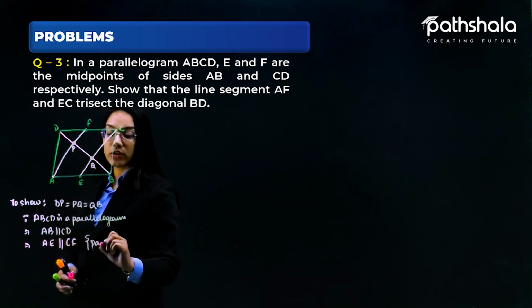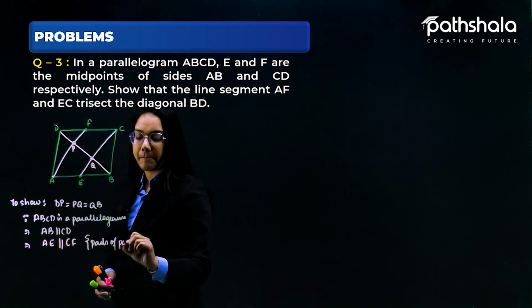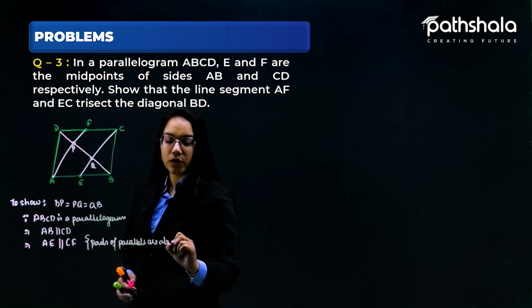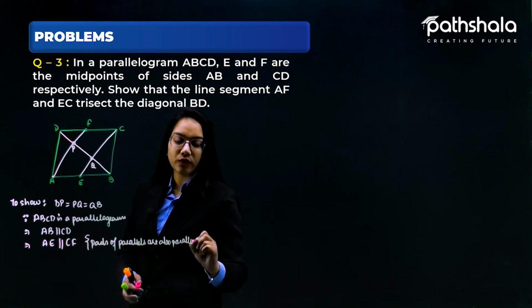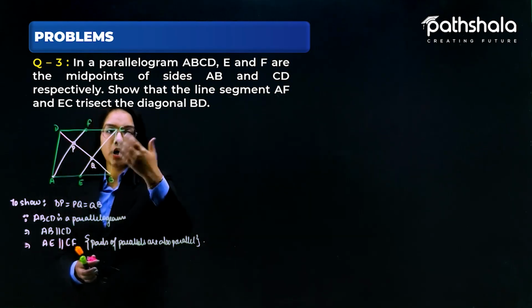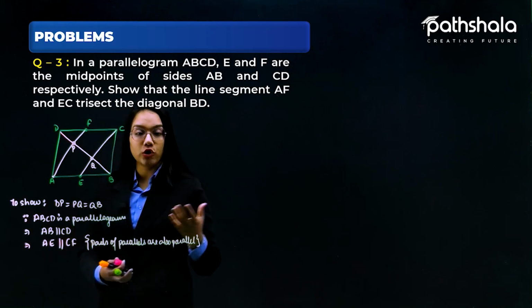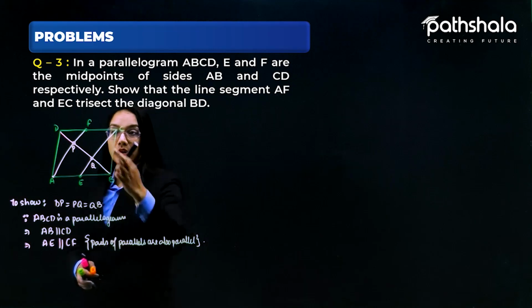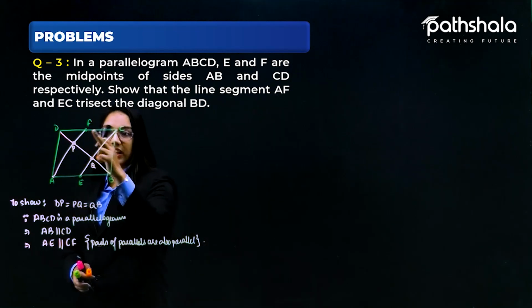Why so? Because the parts of parallels are also parallel. If the whole side is parallel to the whole side of the other, then their parts should also be parallel to each other. So AE is parallel to CF.